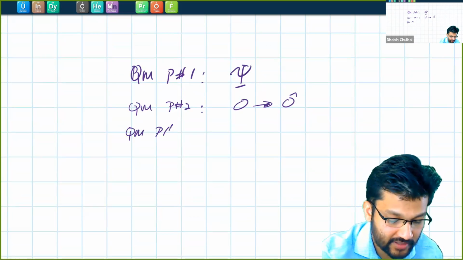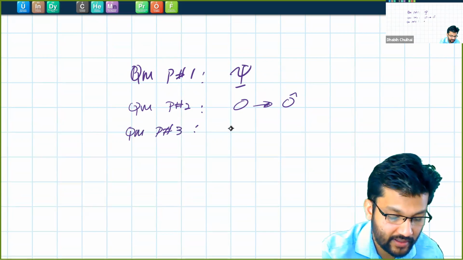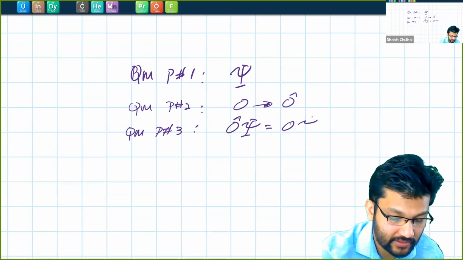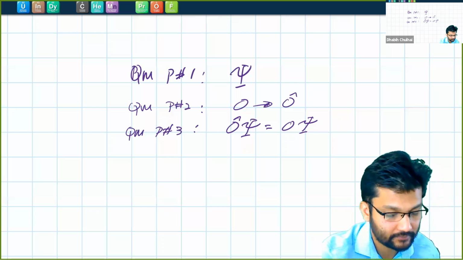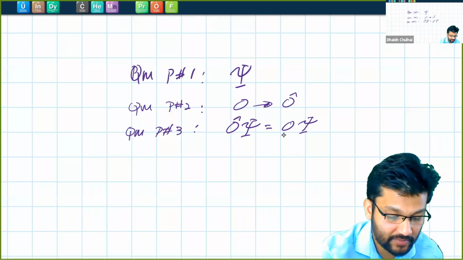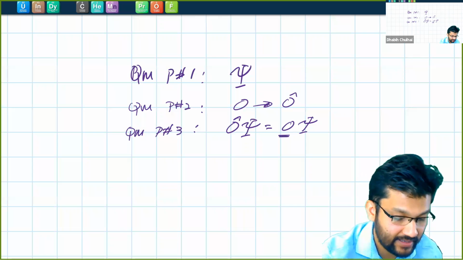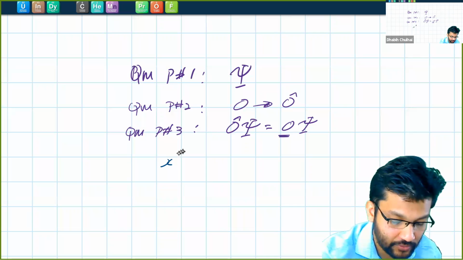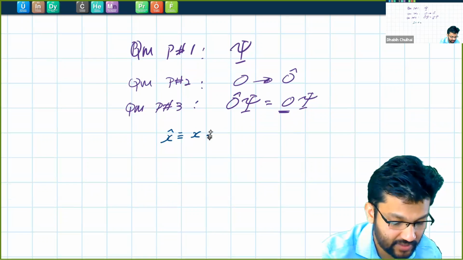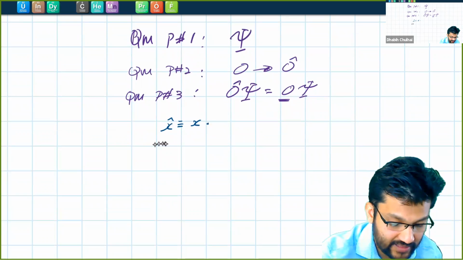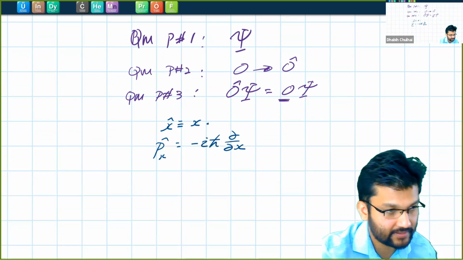And then the third postulate was that these operators must come from eigenvalue equations, and the only observables that you can get are those from the eigenvalue equations. And then finally, we ended by talking about two operators that are very important. The first is the position operator, which is just x multiplied by whatever comes after it. And the momentum operator, which is just negative i h bar, partial derivative with respect to x.